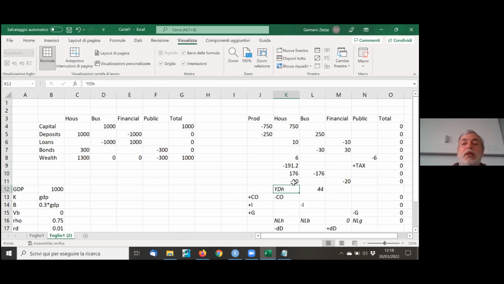And disposable income will be the sum of all this, and it's going to be, looks like something is wrong here. Yeah, it should start from K4 and end with K11. Okay.